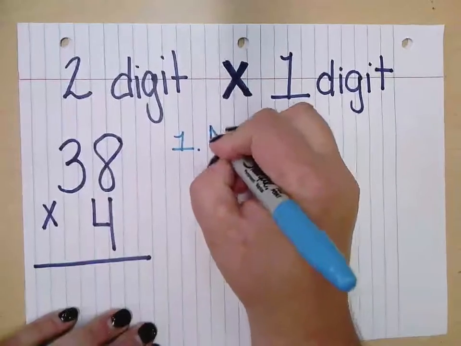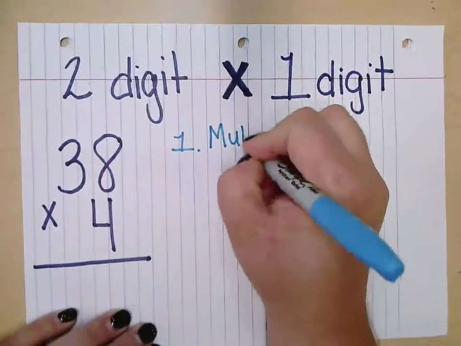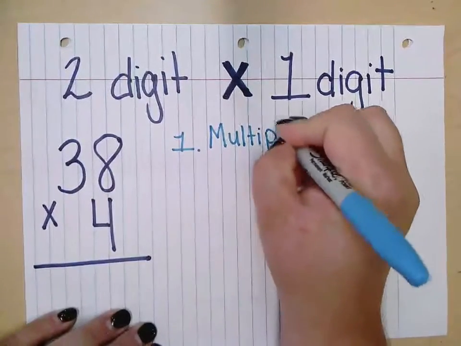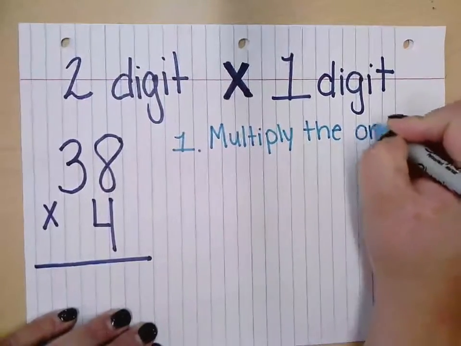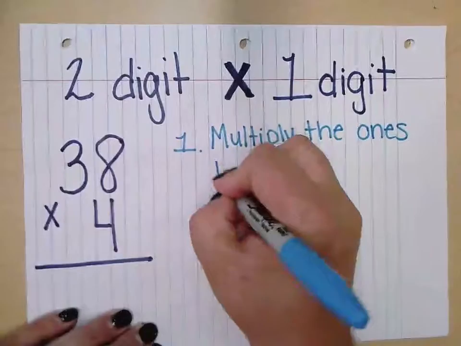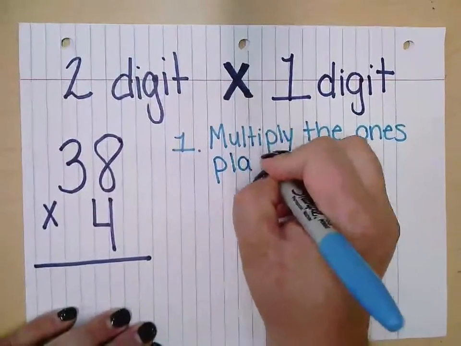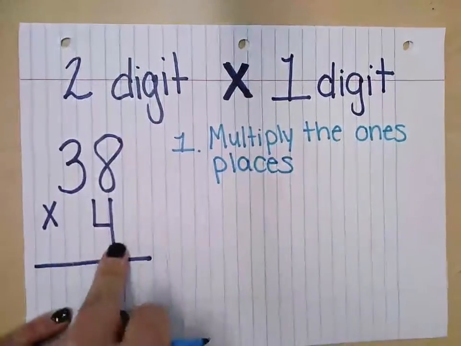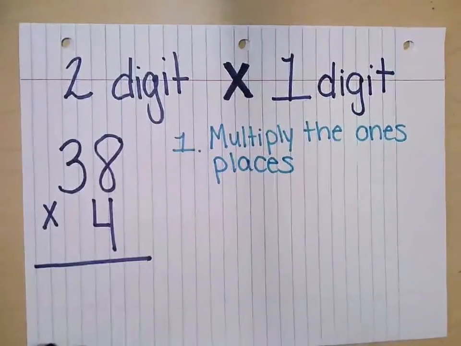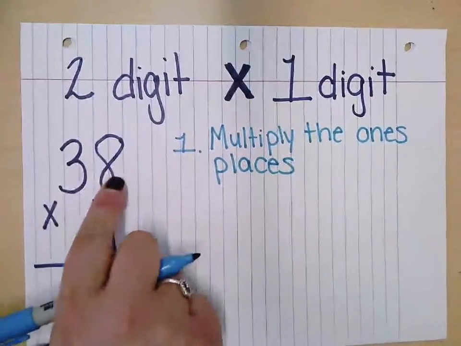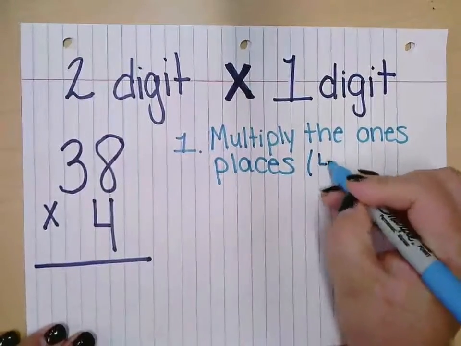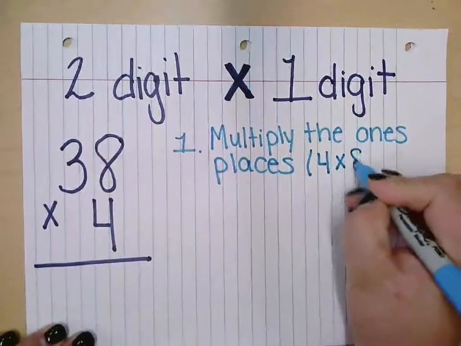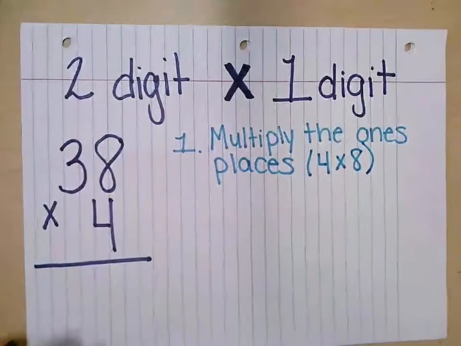We're going to multiply the ones places. In this number, the 4 is in the ones place, and in this number, the 8 is in the ones place. So we're going to put in parentheses, 4 times 8.